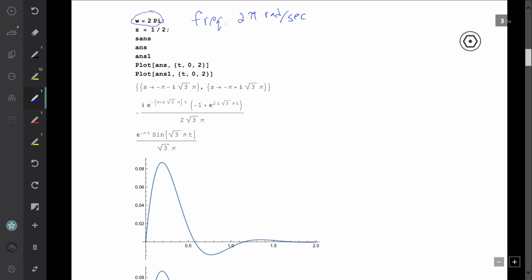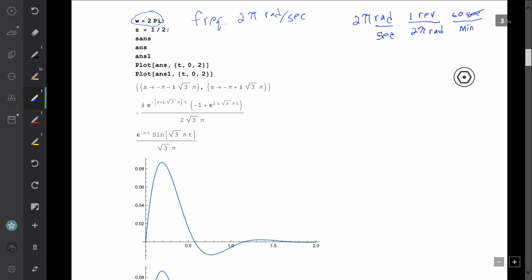So for example, if the frequency is 2 pi radians per second, and you want to convert to RPM, then you want to do a unit conversion. So there are 1 revolution in 2 pi radians, and there are 60 seconds in a minute.